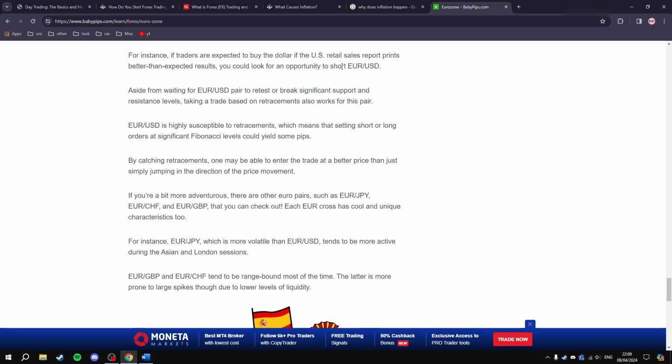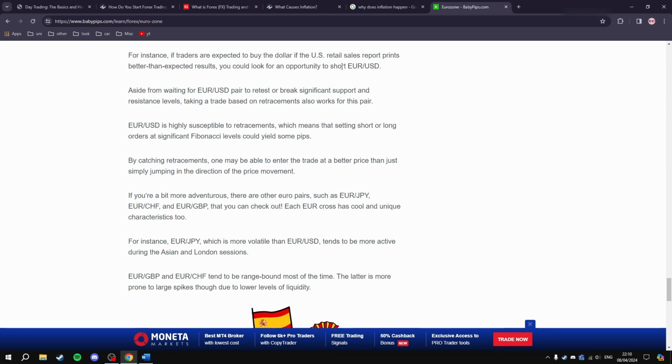So they're going to need more US dollars because they want to invest in America. Right? Therefore, the demand for the dollars goes up. If the demand goes up, then its value obviously is going to increase. That's why traders are trying to buy the dollars, because they're hoping for the dollars to increase in value.